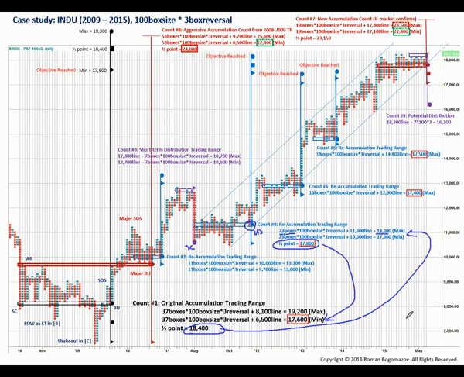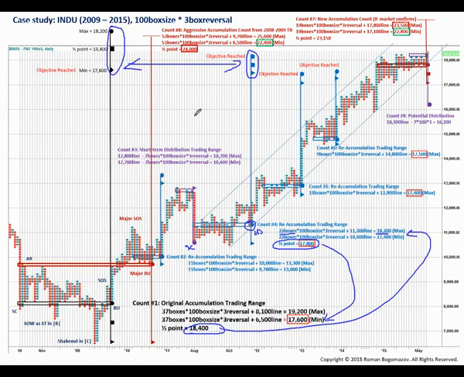Why is it so important for us to see this confirmation on the stepping stone for the original counts? Well, it's a dramatic confirmation of this huge count that we have in the accumulation range, and the fact that we have a stepping stone that matches the very large count, which is taken across the 8100 line.